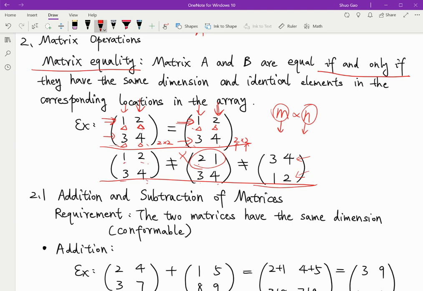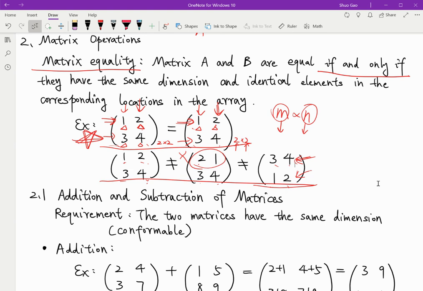So this is 1, 2, 3, 4, but here it's 3, 4, 1, 2. So you changed the locations of the rows, so they are not equal to each other. Only in the first case are the two matrices equal. If you change even a little bit of the numbers, they are called different matrices. So this is the definition of matrix equality.